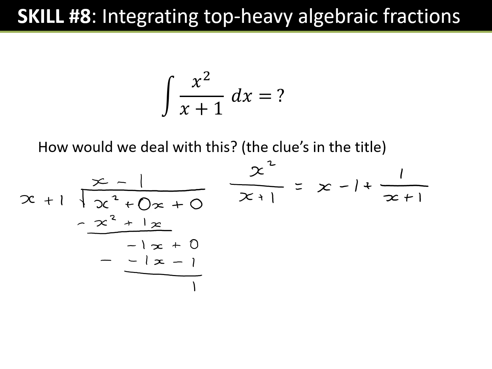Okay? So the integral of this is the same as the integral of this. So when you integrate this, you'll just get x. X integrated is 1 over 2 x squared. Minus 1 integrated is minus x. Then 1 over x plus 1. It looks like 1 over x, doesn't it? So 1 over x integrated is a natural log.